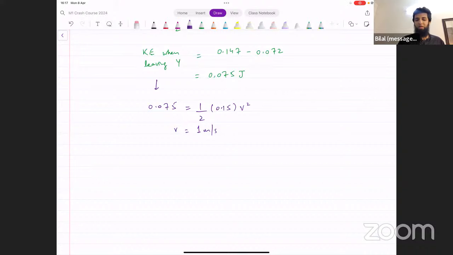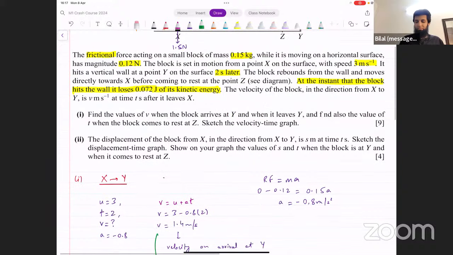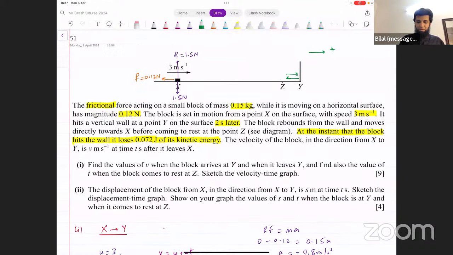Okay, but remember, we were considering the right side positive. It says v is the velocity of the block in the direction from x to y. So it's the velocity in the right direction. That's what v represents. Now, when it leaves y, it's actually going towards the left side.